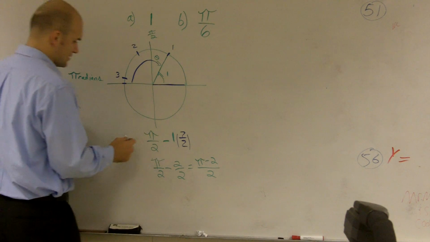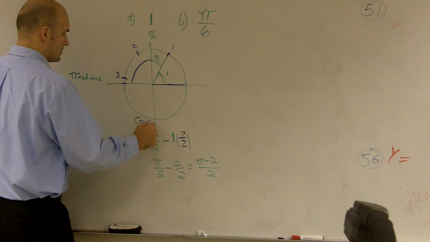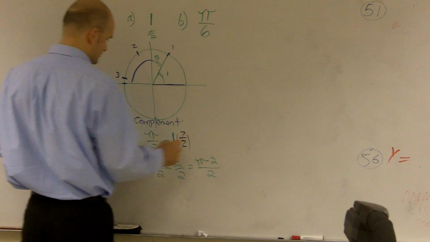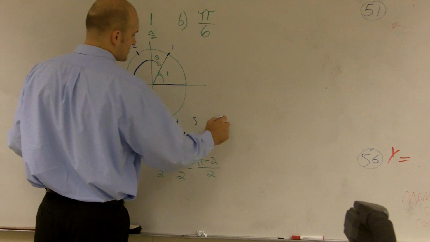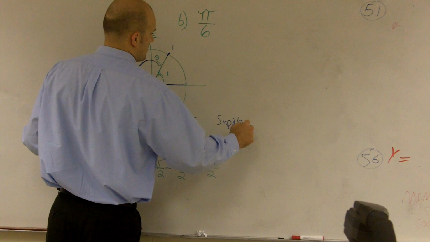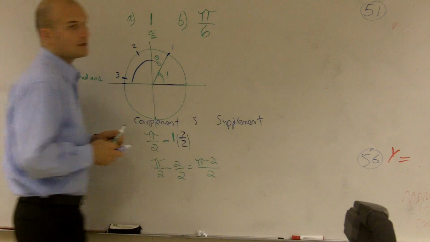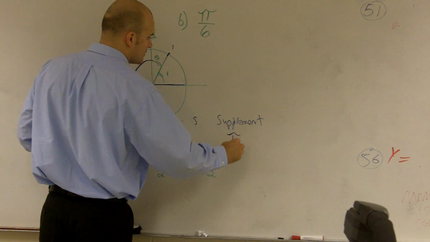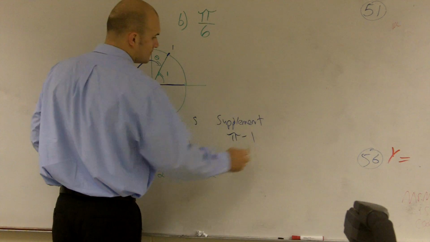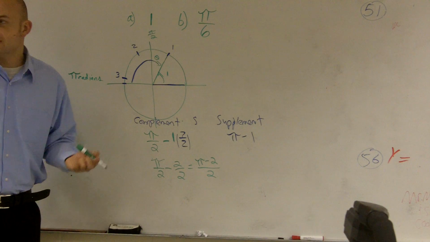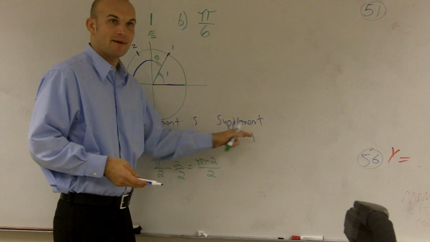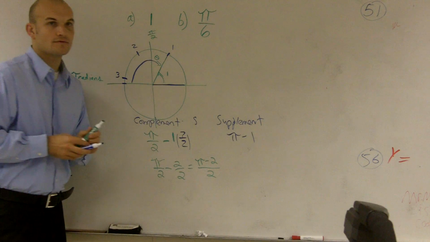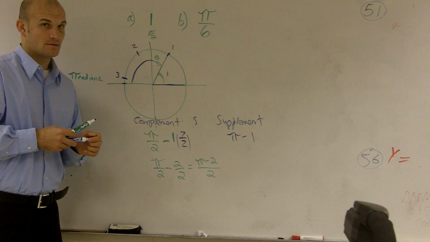So for the supplement, what I'll do is the same thing. I just do pi minus 1. And like I said, I don't have a calculator with me, but you guys can just take pi minus 1, and that will give you your angle for that. Does that make sense? Okay.